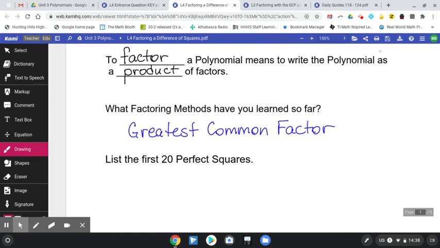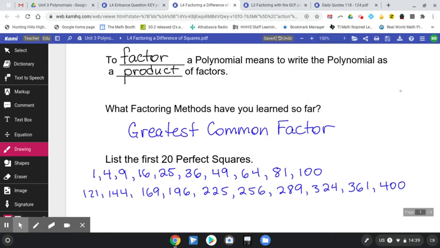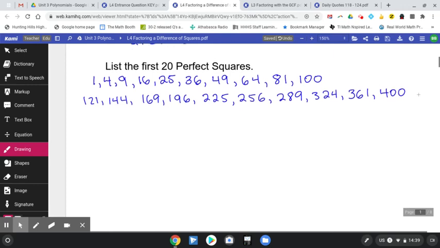So we'll hit pause here and give you a moment to write out your perfect squares. So most of those we've already got memorized from Unit 1. It would be good that we can recognize a few more than we needed back in Unit 1, because it will really be handy for us.